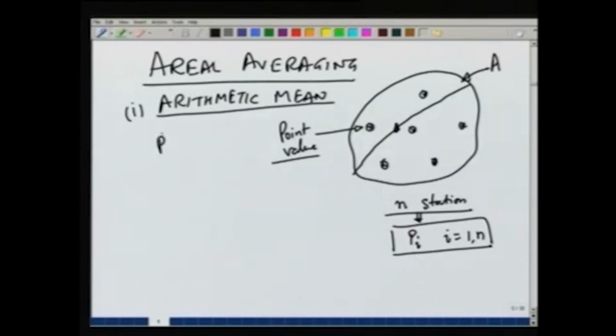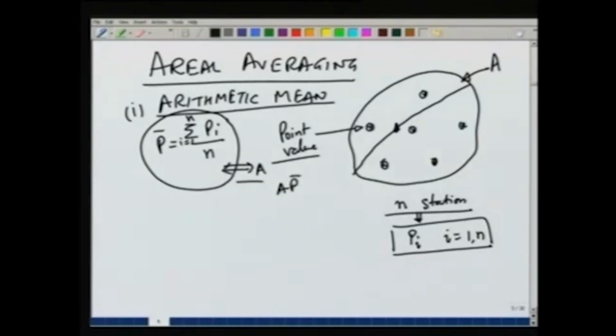So, P bar can be thought of as the sum of P_i divided by n, where the summation is i equal to 1 to n. Once we get this average depth, we can multiply it with the area. So, A times P bar will give us the volume of water generated by that precipitation event, for which our point values are known from the rain gauges.